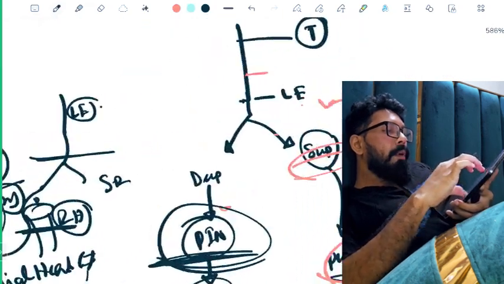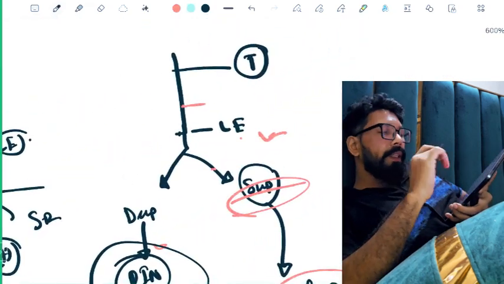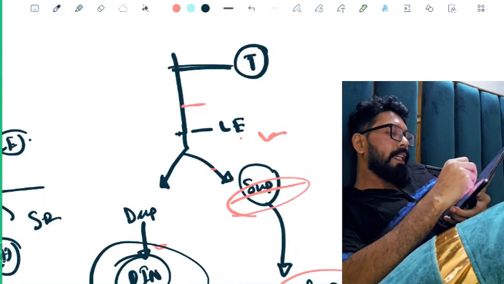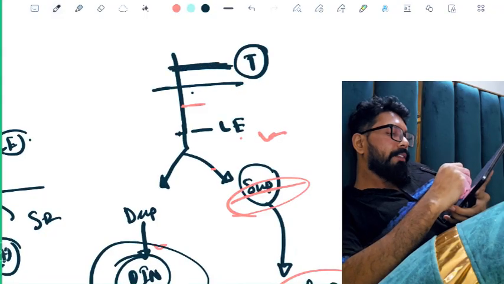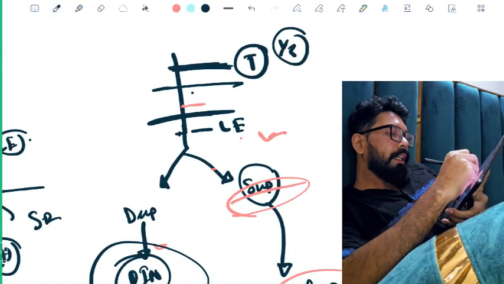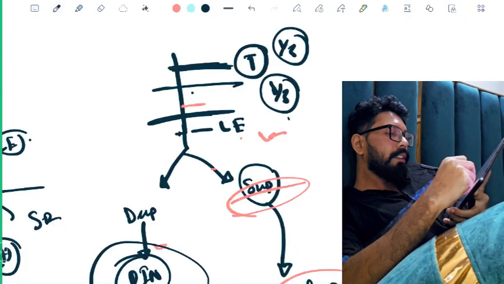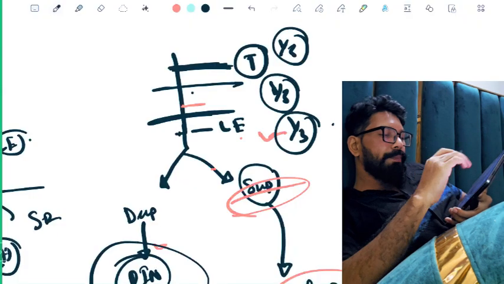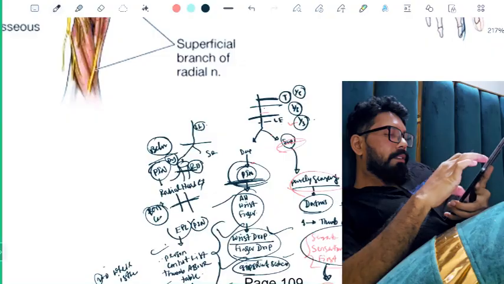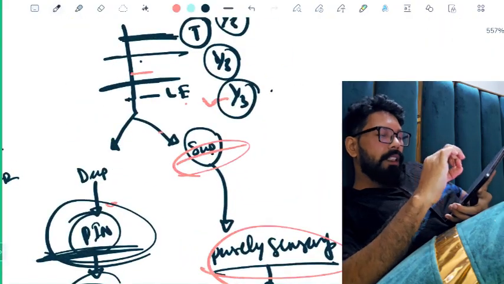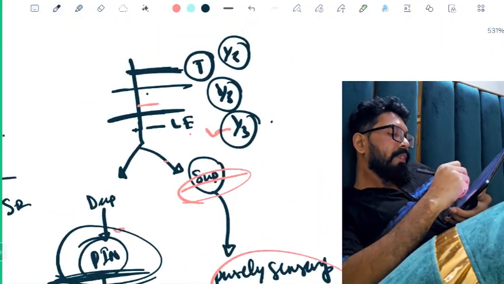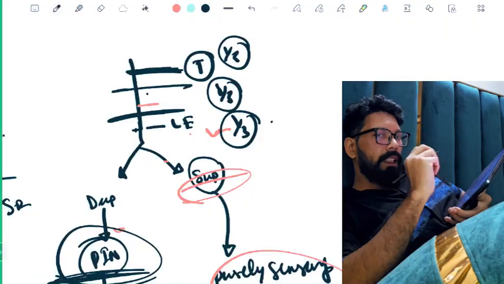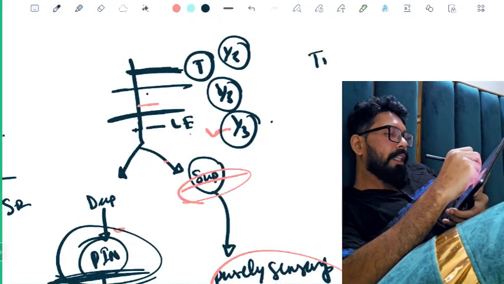Then comes above the elbow. What do we have? So triceps is supplied at this area. If we divide it into three parts, upper third, middle third, lower third. Okay. Three kinds of fractures, and what will happen? See, if the upper third is injured, we will lose triceps function.